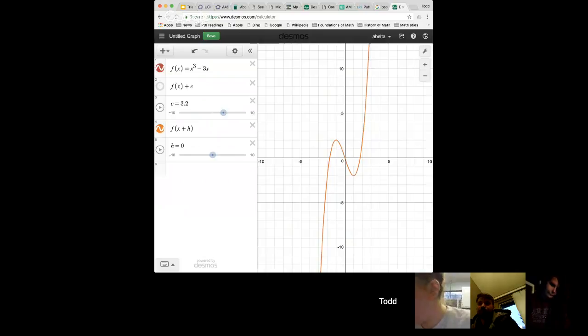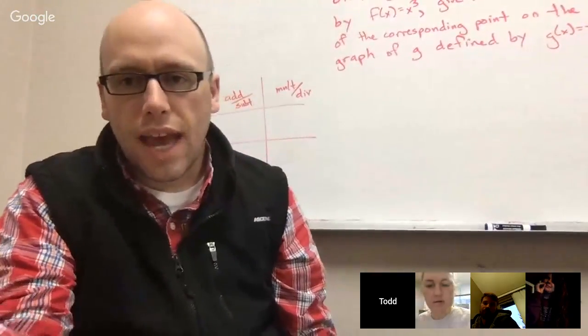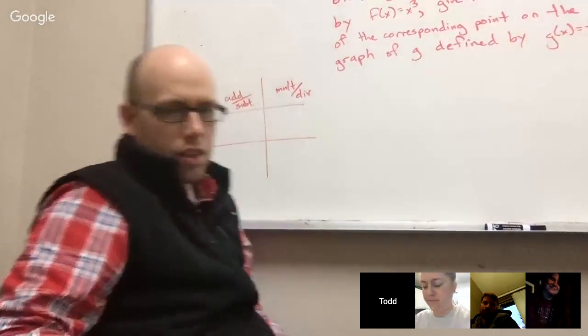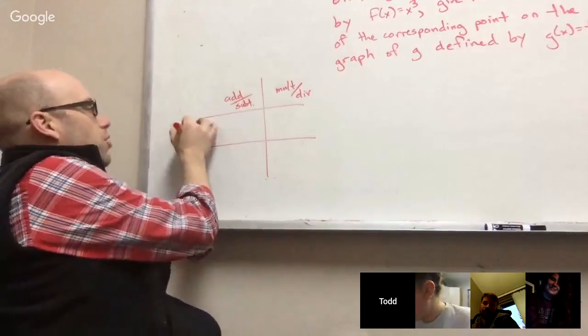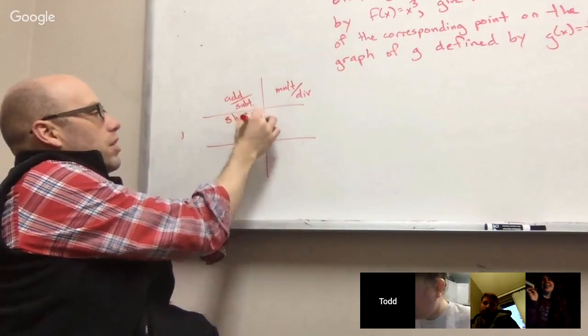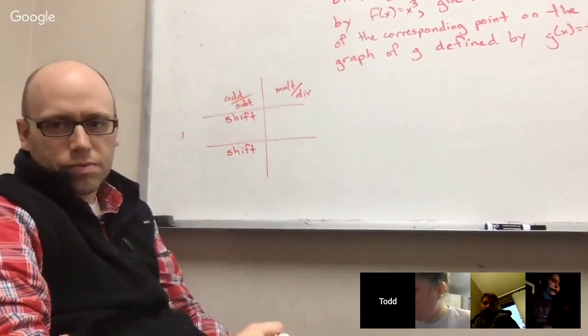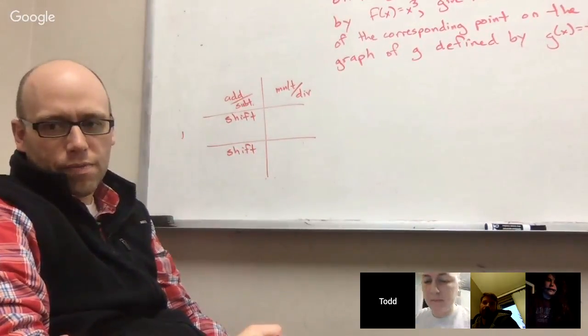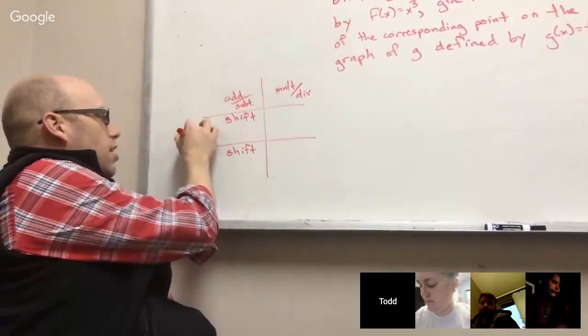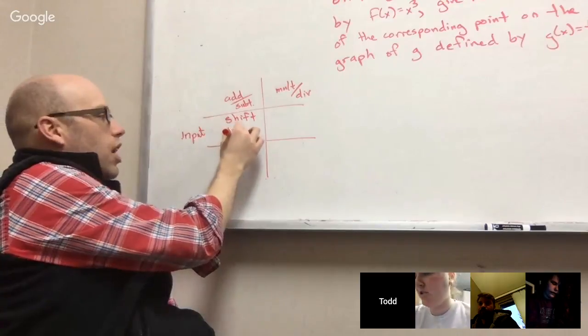So anytime I add something to the function, either to the input or the output, it shifts the function. So if I add or subtract, it's always going to shift the function. If I add to the input, it's going to shift horizontally.